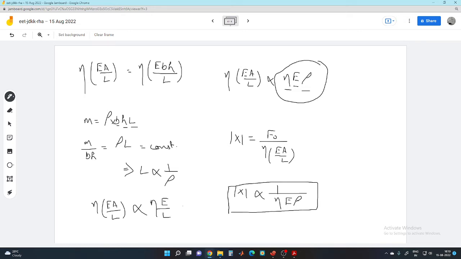This is the final expression. So we have to select a material which has the loss factor, elasticity and density multiplied as a maximum value. We have to maximize this denominator. If some material has a very low density and a very high loss factor, but another material has intermediate density and intermediate loss factor, the intermediate one will be more preferable. We have to take all these three factors in a combined form.